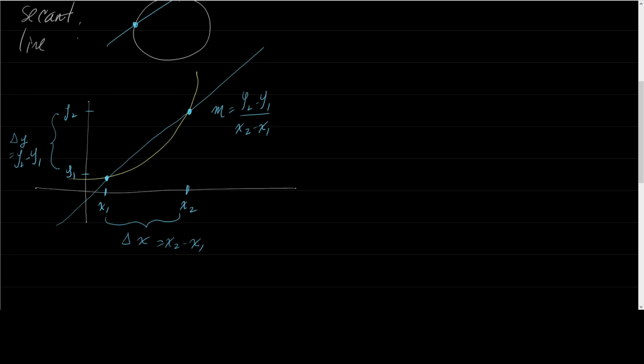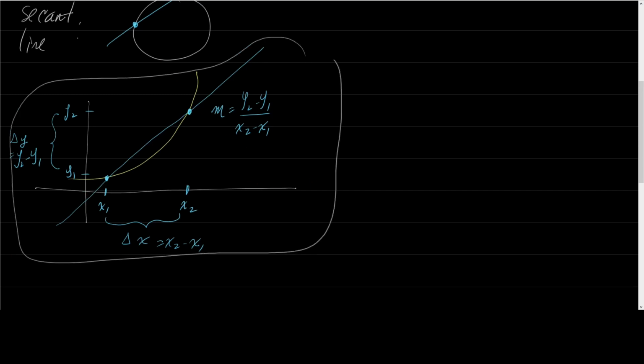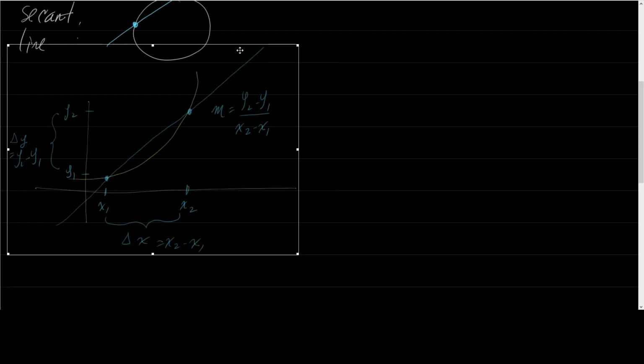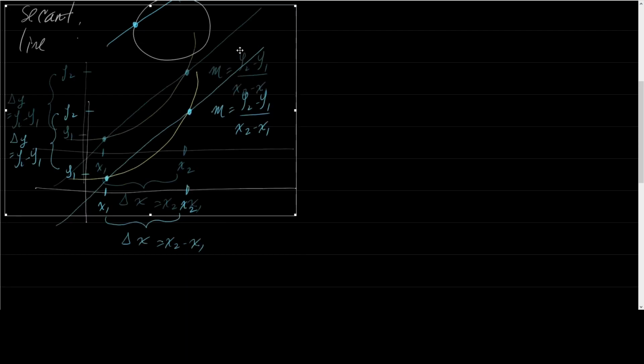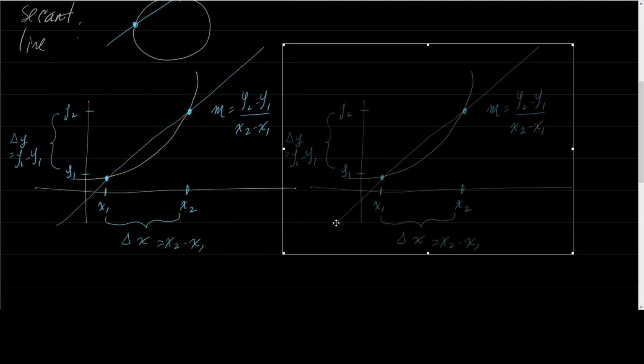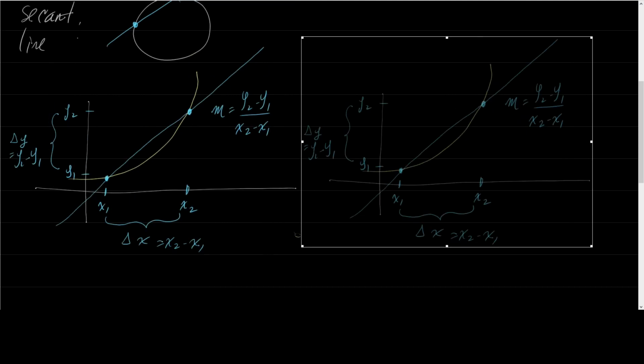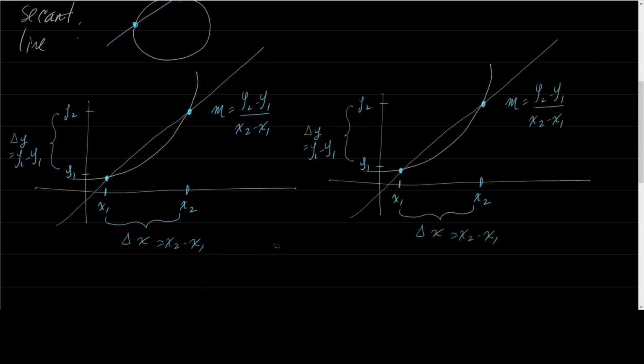So what can we do here? Well, let's consider the following. Let me just copy and paste it. There we go. So now over here, let's say that instead of x sub 2 being all the way over there, I'm going to move this.